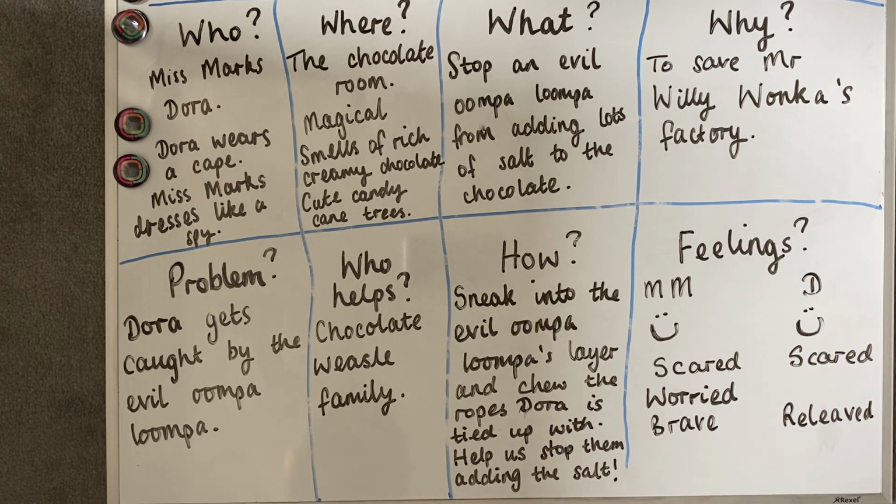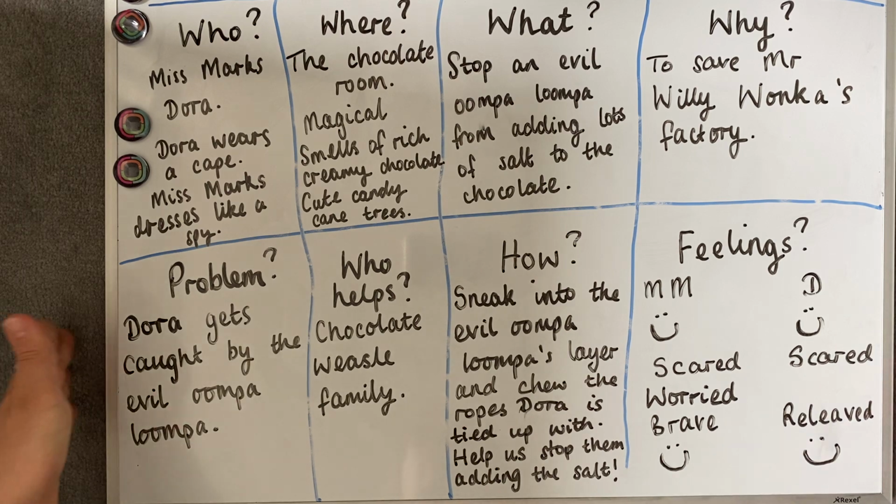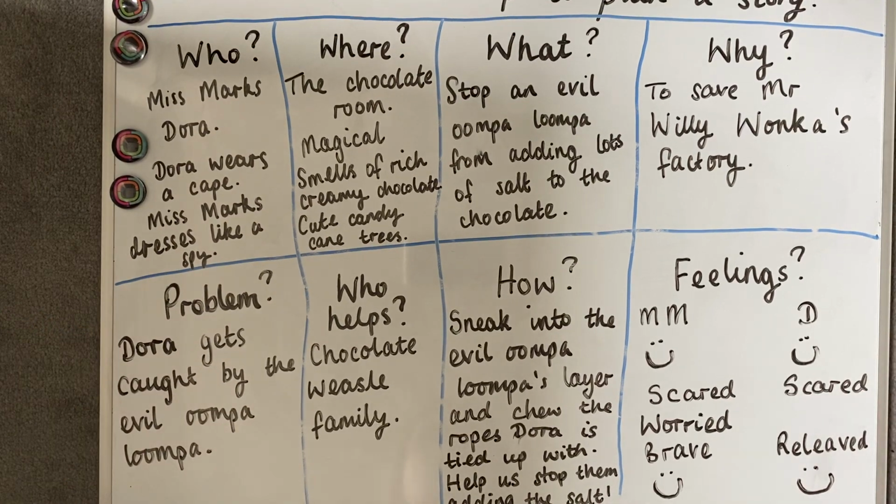And then both of them might feel happy again when they've managed to work together with the chocolate weasel family to save the day and to stop the evil Oompa Loompas adding lots of salt into Willy Wonka's chocolate. So there's my plan for my story.